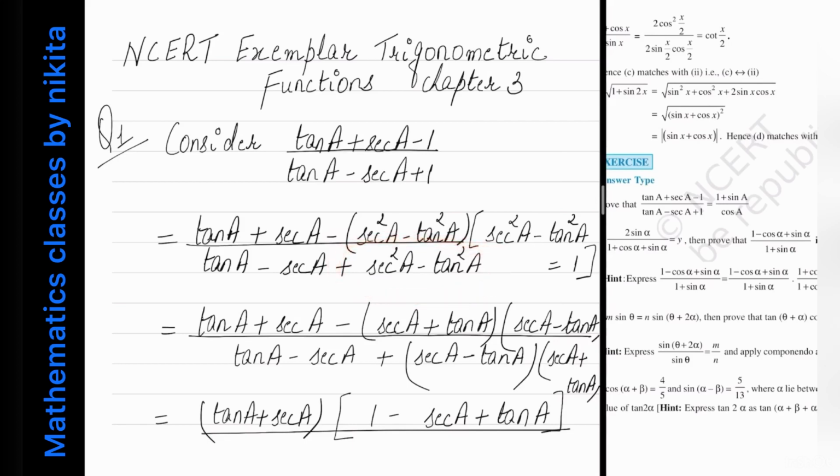So therefore in the denominator I will write this as tan A minus secant A plus 1. Okay. I will keep this as it is.